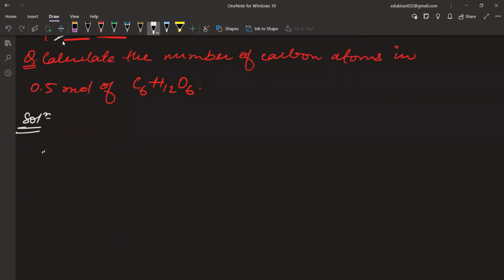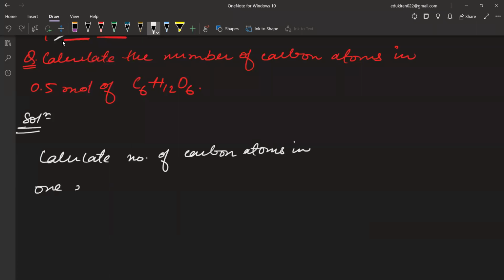Tell me, if I ask you to calculate the number of carbon atoms in one molecule of C6H12O6, how many of you can answer?